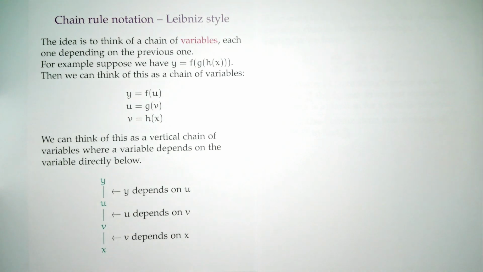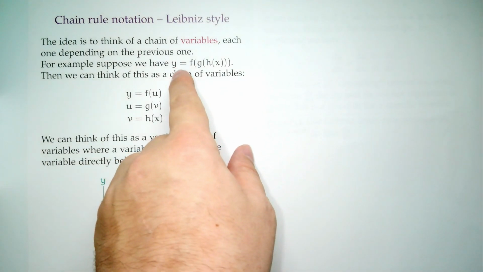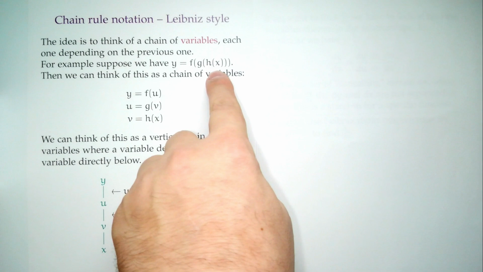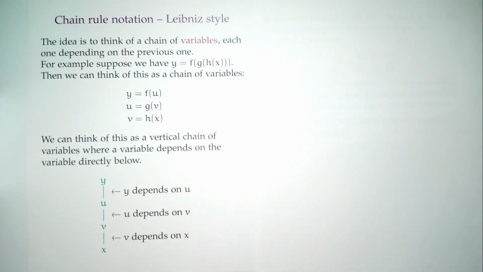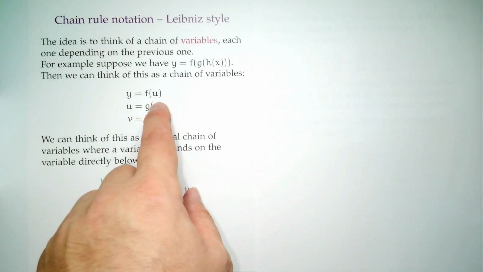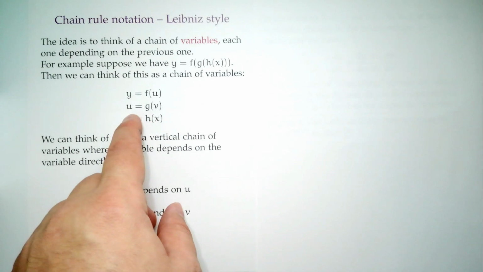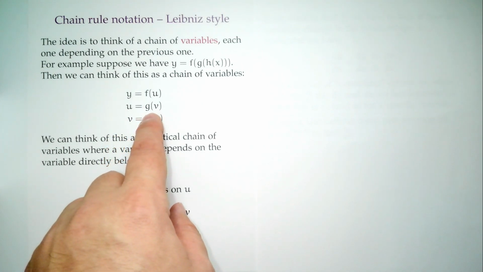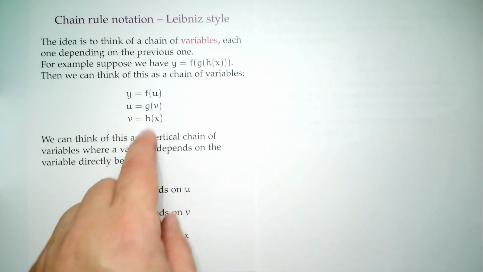What we want to think of is a sequence of chains of variables. Here I have y is f of g of h of x. But now we're going to pull it apart and say, look, y is a function of something. I'll call that a function of u. And then u is itself a function of something. I'll call that g as a function of v.